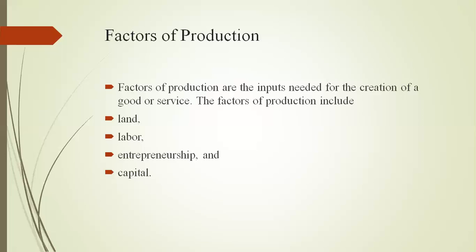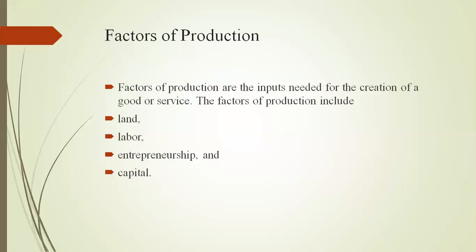For example, a tractor purchased for farming is capital. Along the same line, desks and chairs used in offices are also capital, because we are buying those things through money.